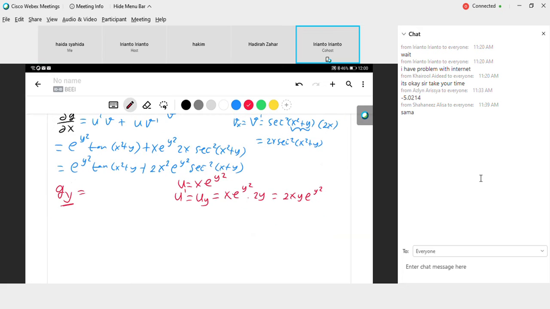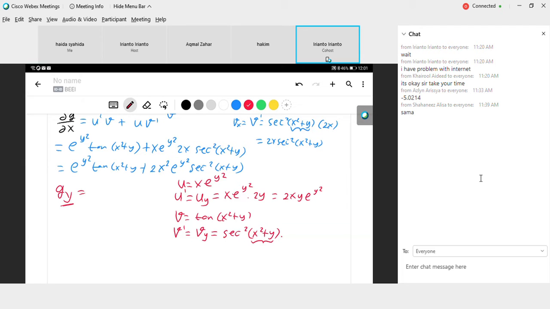v equals tangent of (x² + y). So v prime, in this case v with respect to y, will be the derivative of tangent, secant square of (x² + y), multiplied with the derivative of x² + y with respect to y, which is 1.